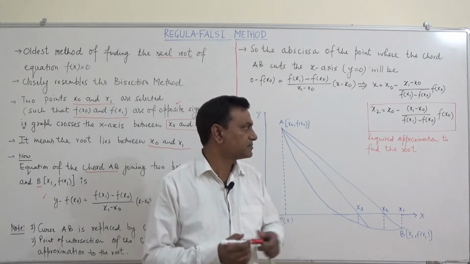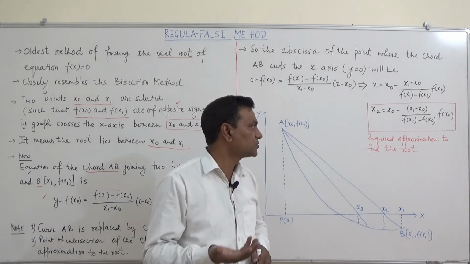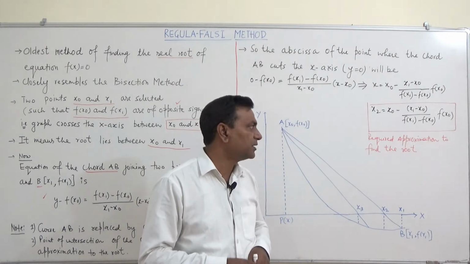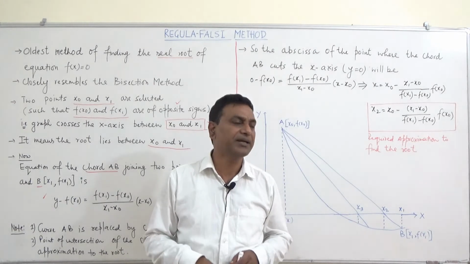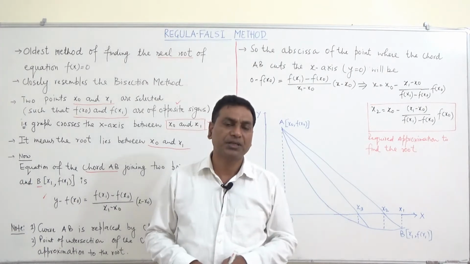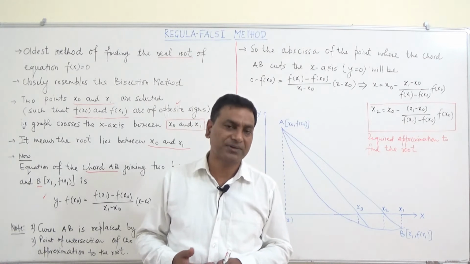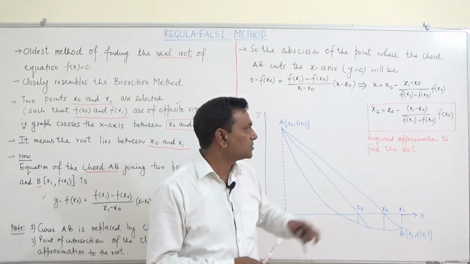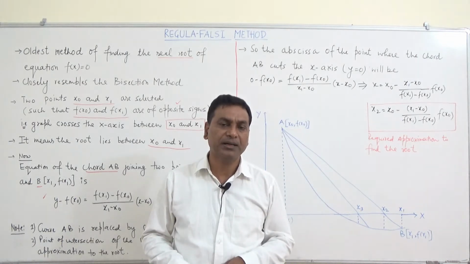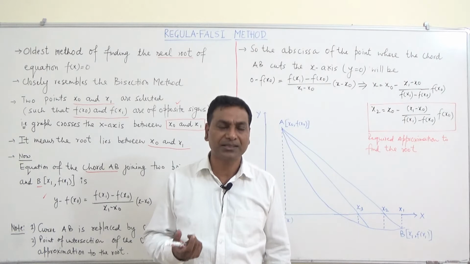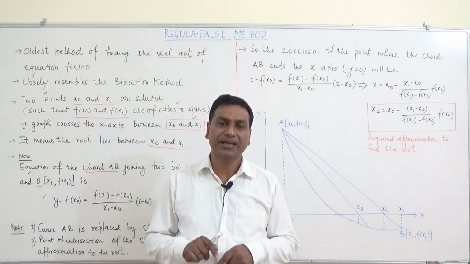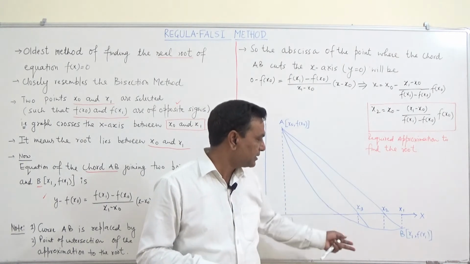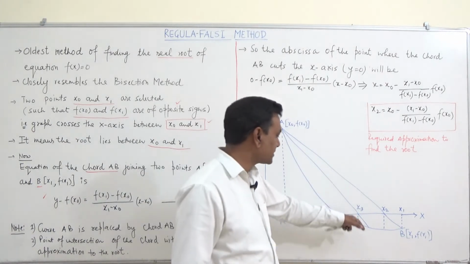After finding x2 equals x0 minus x1 minus x0 divided by fx1 minus fx0 into fx0, we will find fx2. Then on the basis of the sign of fx2, again we will see whether we have to go further or not. After finding x2 and its sign, that is fx2, we will find the next approximation, that will be x3.